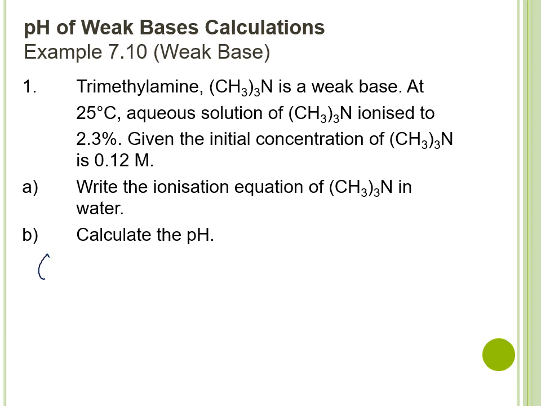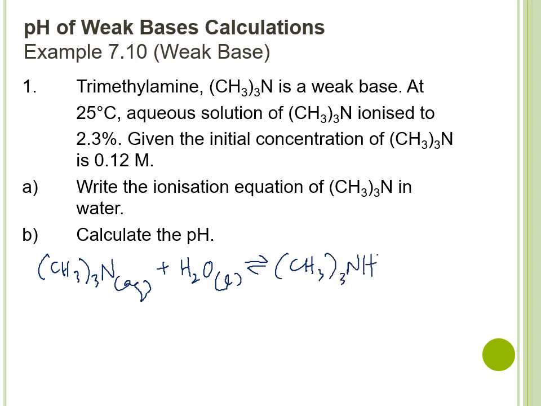It's (CH3)3N in aqueous form, ionizes in water, liquid form, to become, this is a reversible reaction, (CH3)3NH plus. We get the H plus from H2O, and OH minus. This is aqueous and this is also aqueous. That's the ionization equation.